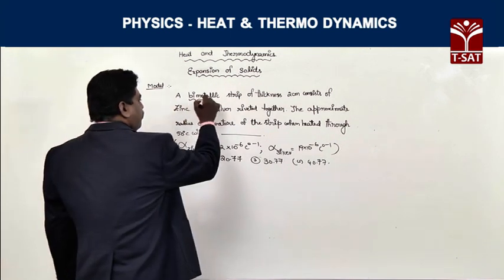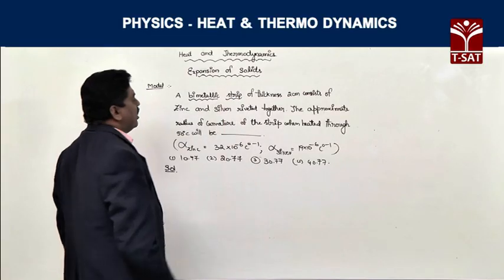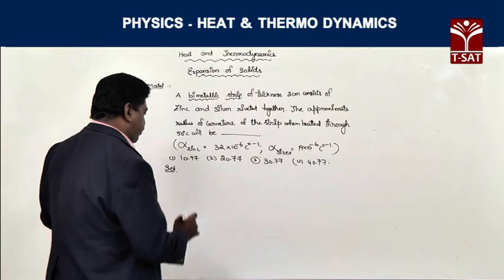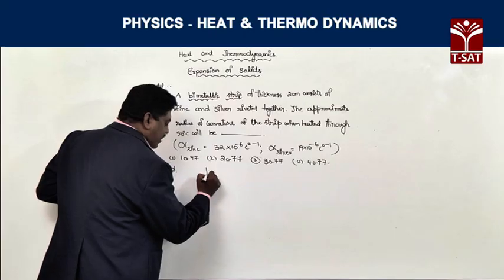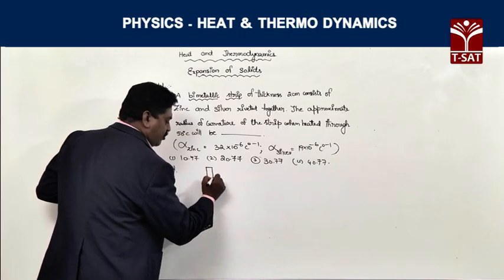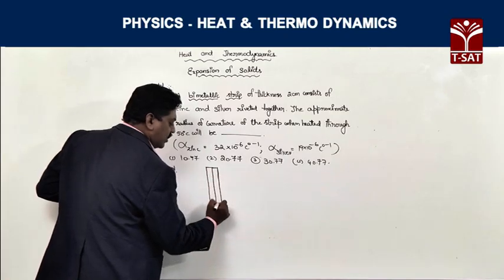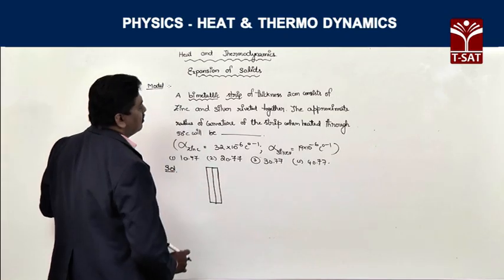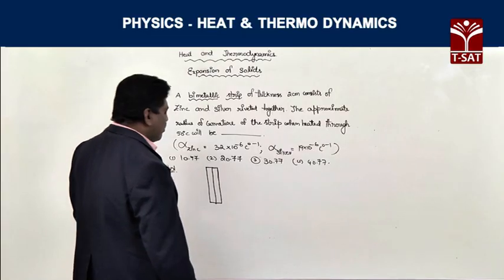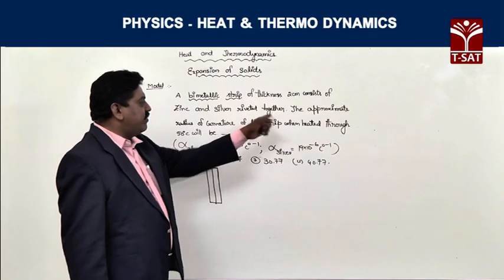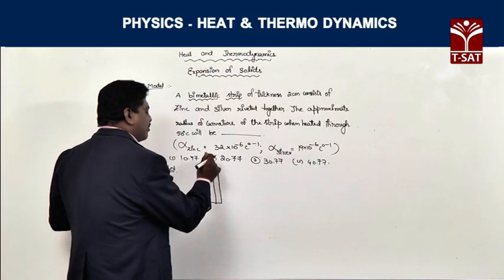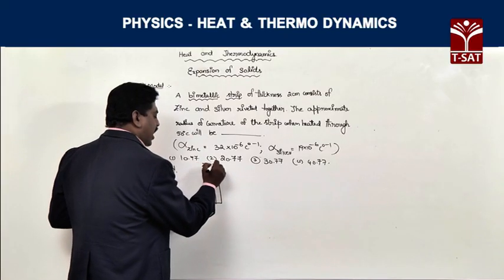In this problem, we come across a bimetallic strip. Bi means two different metallic strips kept together, which is called a bimetallic strip. It is not simply kept together, but riveted together. One is zinc, the other one is silver.